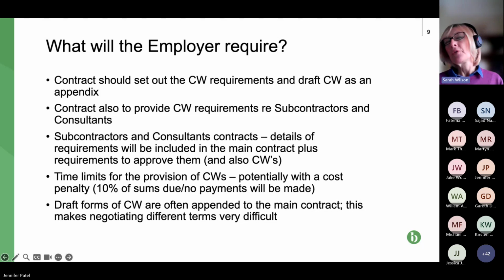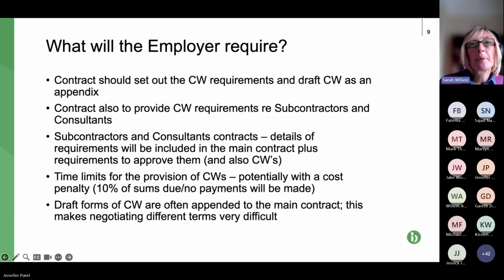For example, the funder will be on board. So the funder will want their collateral warranty pretty much as soon as contracts are signed. But of course, future purchaser, well, that might happen after practical completion, in which case the client, the employer, will approach the contractor and ask for collateral warranties for this new purchaser. So they can be requested pretty much at any time whilst contractor, subcontractor, consultants hold any liability.